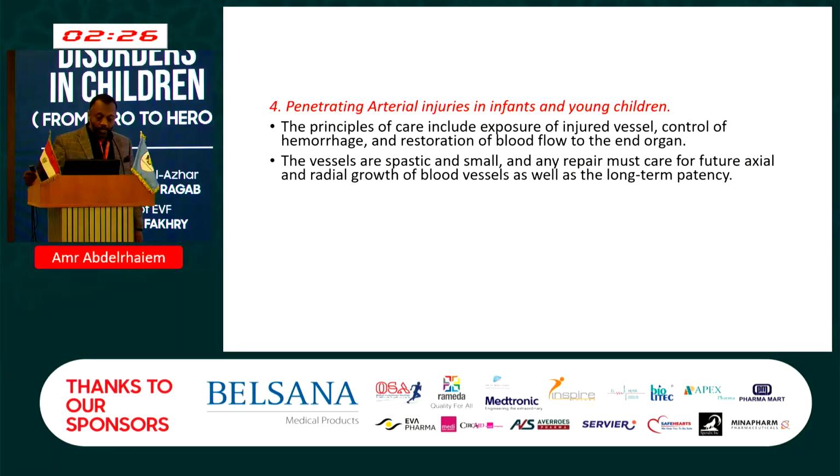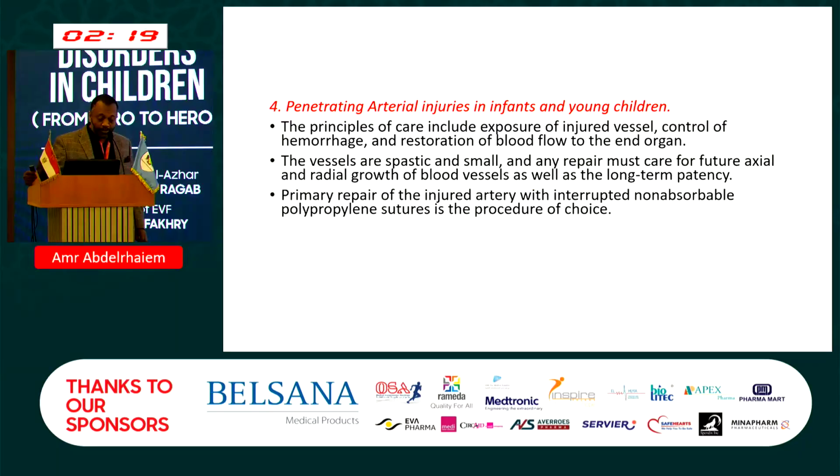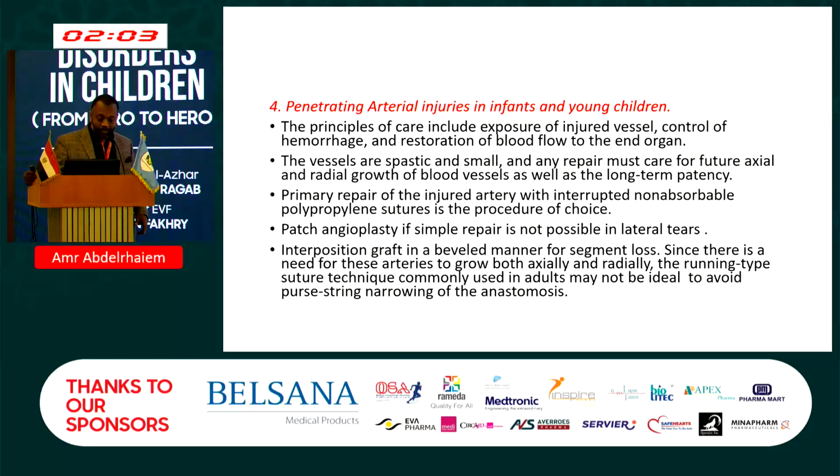Primary repair can be tried with interrupted non-absorbable sutures, patch angioplasty for lateral tears, and interposition graft if there is a segment lost. But take care, you have to use an interrupted manner, because the running type will lead to narrowing of the anastomosis and cause a purse-string effect.